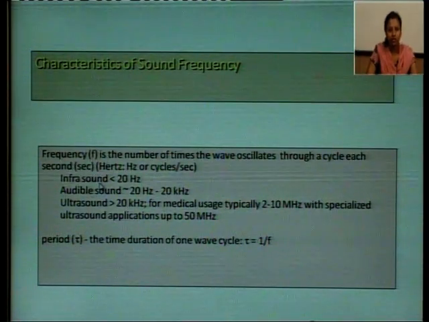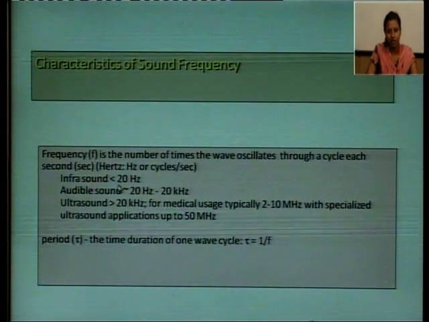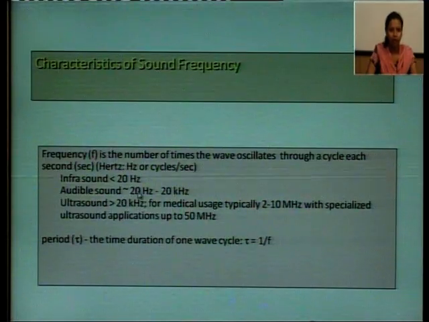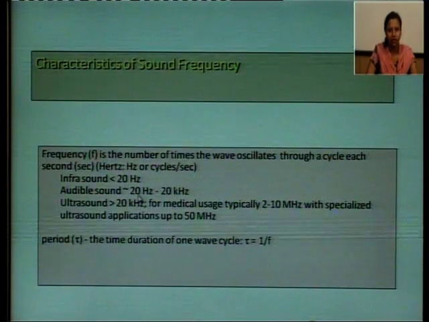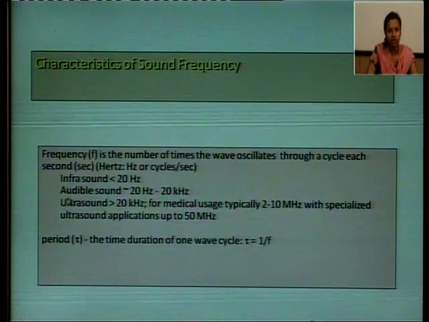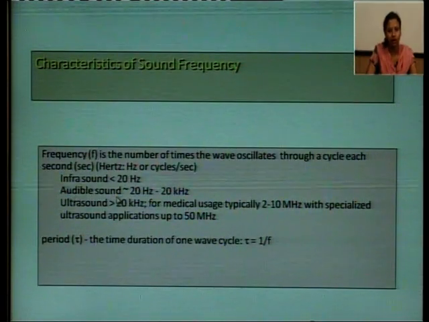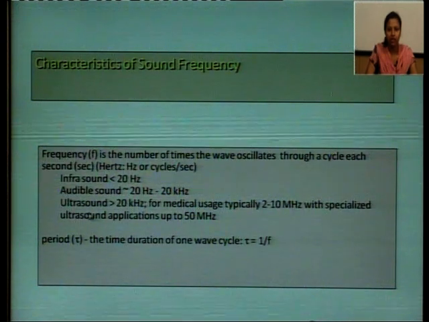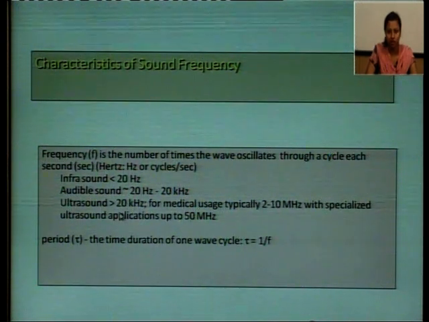If the frequency of a wave is less than 20 hertz, then this is called infrasound, but if it is between 20 and 20,000 hertz, then it is in the audible range. If it is more than 20,000 hertz, then it is called ultrasound.